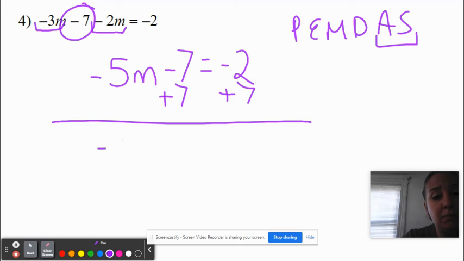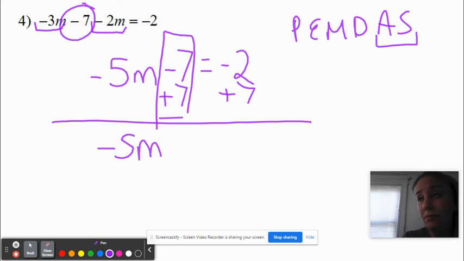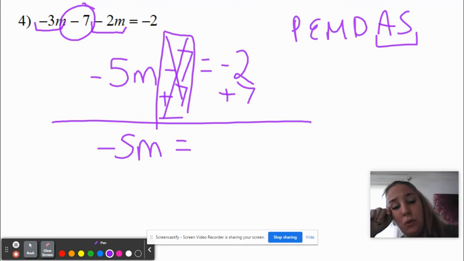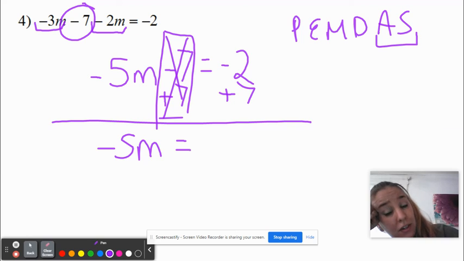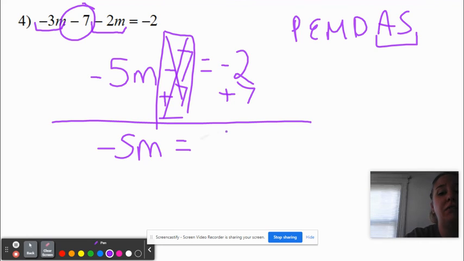Negative 5m comes down. Negative 7 plus 7 is nothing, right? It's the same as saying 7 minus 7. So it's gone. Equals, all right, negative 2 plus 7. You owe me $2, you have 7 in your pocket, you would really have 5 when you walk away.